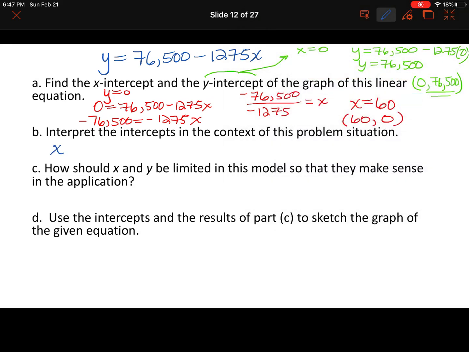All right. The x-intercept tells us 60 to 0 as a balance of 0. $0 after 60 payments.